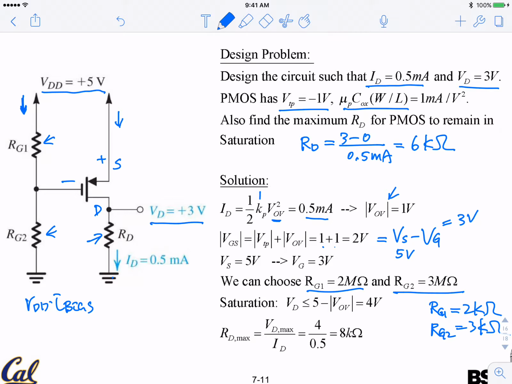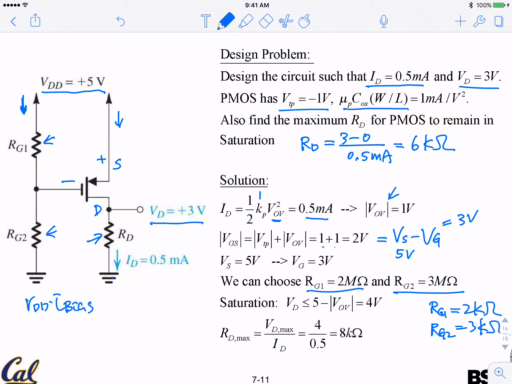But giga ohm is actually physically hard to make. If you are doing this, most likely you are doing it on a breadboard, so discrete resistors. And you can look up the DigiKey catalog. It's hard to buy a giga ohm resistor. And in integrated circuits, it's also very difficult to generate a giga ohm resistor.